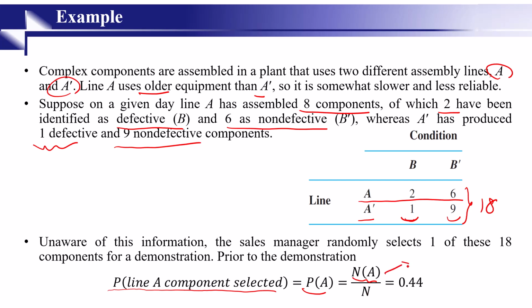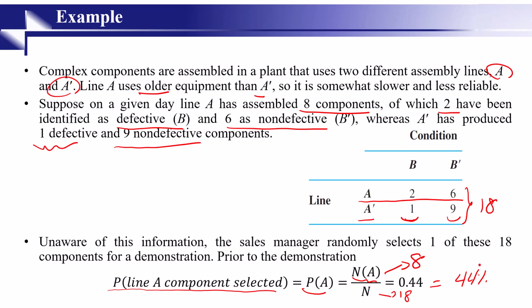What is N? 18. So 8 divided by 18 gives 44.44, which is 44%. So the probability that the sales manager randomly takes one component from line A is 44%.